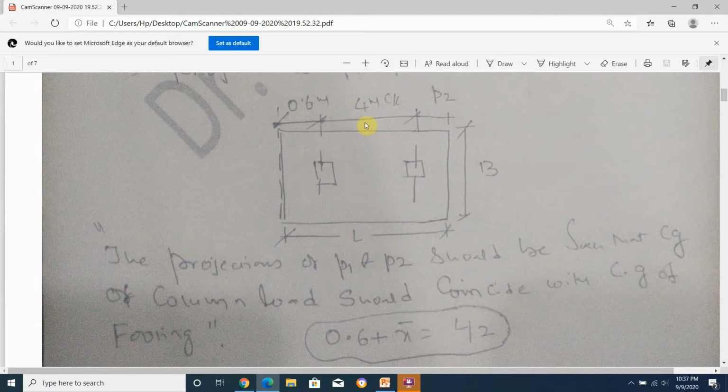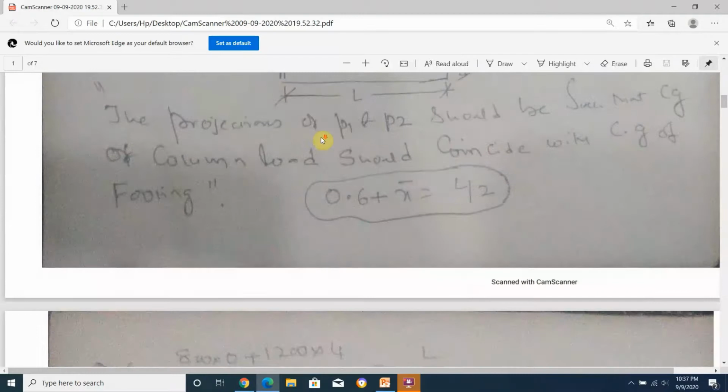To find x bar, we have learned in second semester engineering mechanics, taking a reference axis, the centroid formula: x bar is equal to A1 x1 plus A2 x2 divided by A1 plus A2. So here I have written 0.6 plus x bar is equal to L by 2, where x bar is the centroid distance.